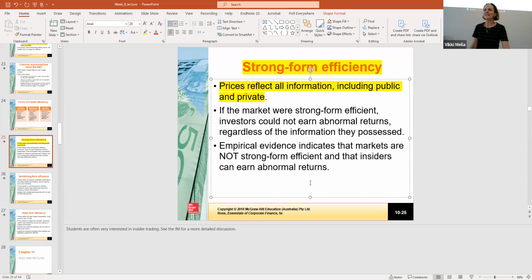But I really don't understand how a market could be strong form efficient, because if prices reflect private information, then I would argue the information's not private anymore if it's been incorporated into the asset price. Our capital markets are not considered to be strong form. I don't know that any market would be considered strong form, because I don't actually know how asset prices could include public and private information.